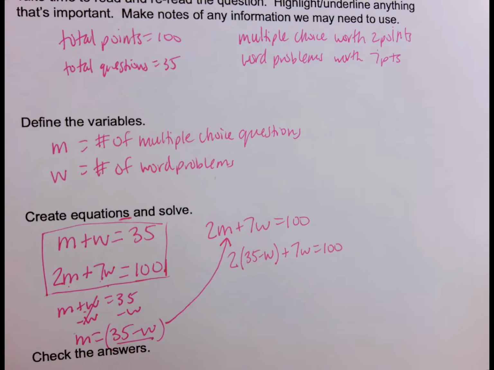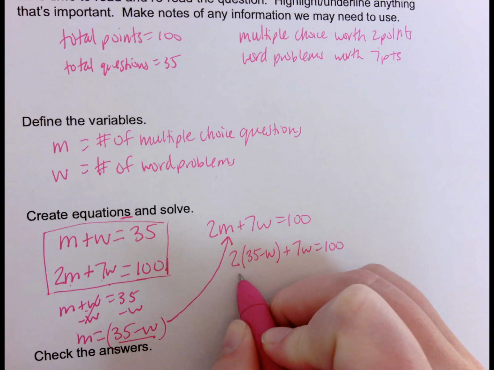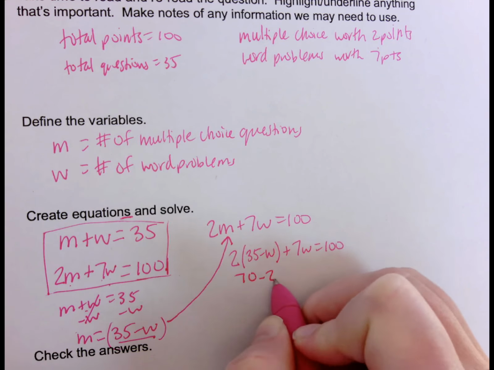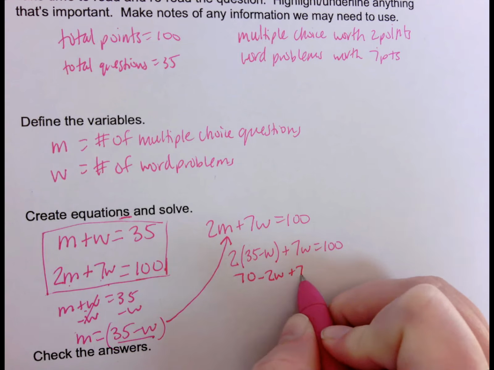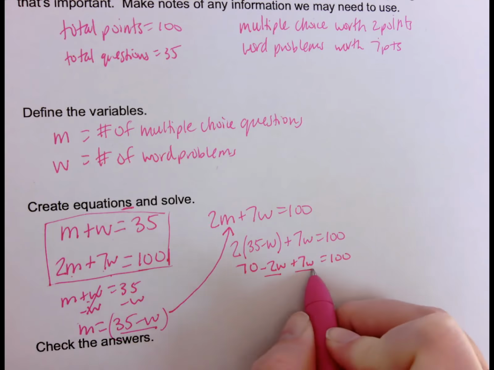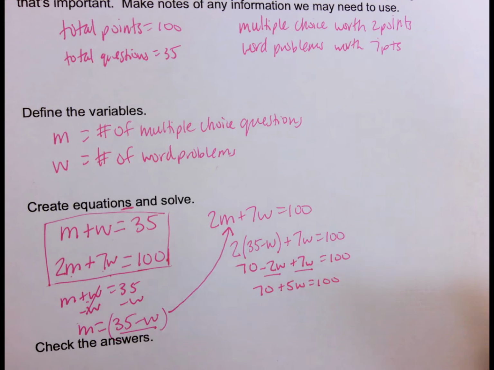Now while it's a messy equation, there's only one variable now, so I can solve it. So I'm going to distribute: 2 times 35 is 70. 2 times negative W is negative 2W, plus 7W is 100. Then I'm going to combine my like terms, and I get plus 5W.